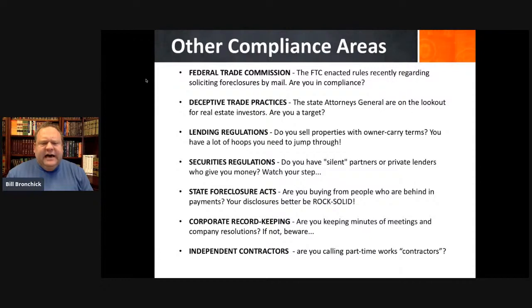Got to deal with things like Dodd-Frank. Securities regulations, if you have silent partners or you solicit private money. State foreclosure acts, if you're buying from someone who's not just in foreclosure but behind in payments. Corporate record keeping, if you get audited by the IRS or sued and you don't have good corporate records, you could be in trouble. Independent contractors, we talked about that one. Are you calling part-time workers contractors? And there's just more and more and more of these.